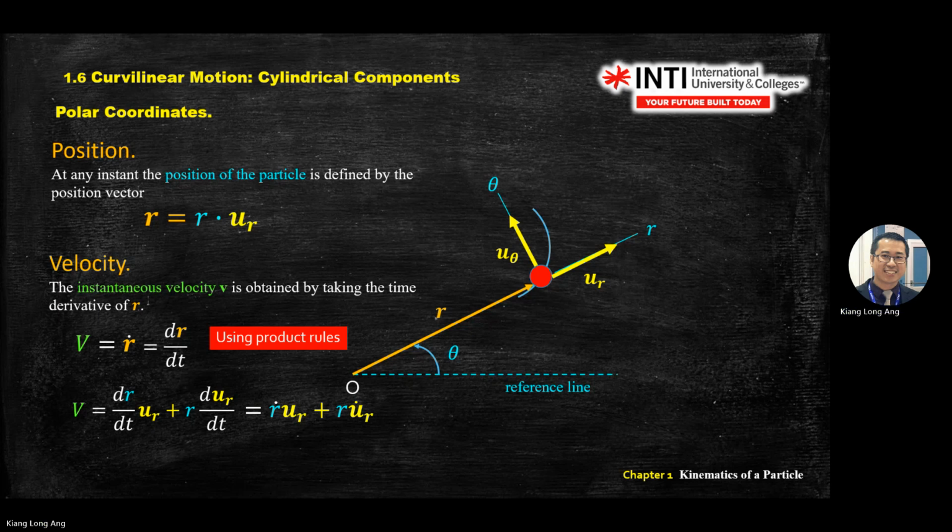Just to recap, for circular curvilinear motion, we have a curve, and we always measure it from a center, and this is R. When particles move in curvilinear motion, you can present it in two axes: one is tangent, one is normal.